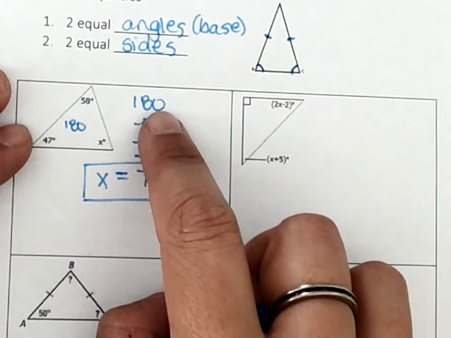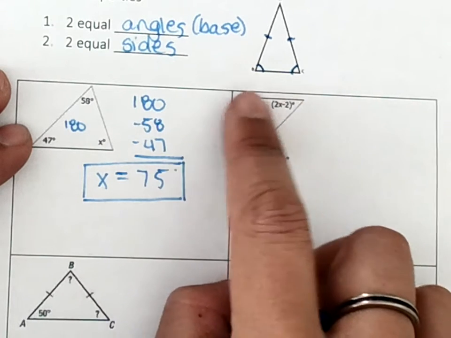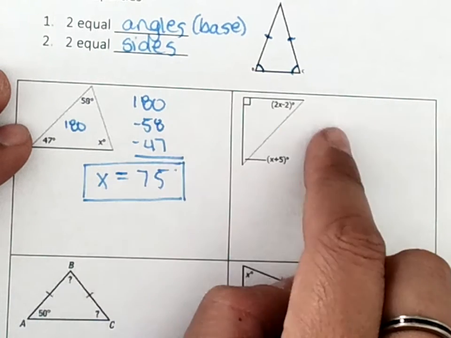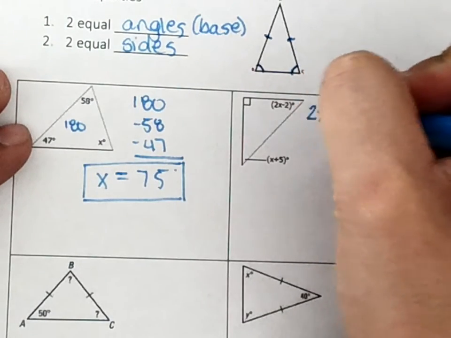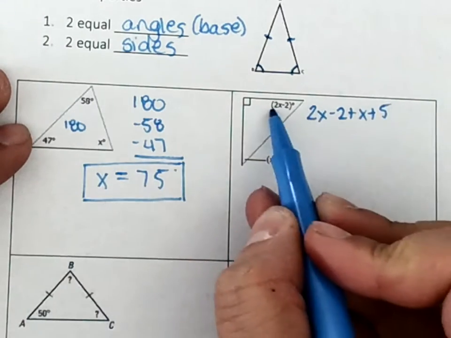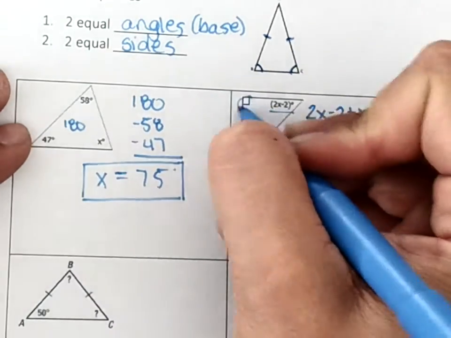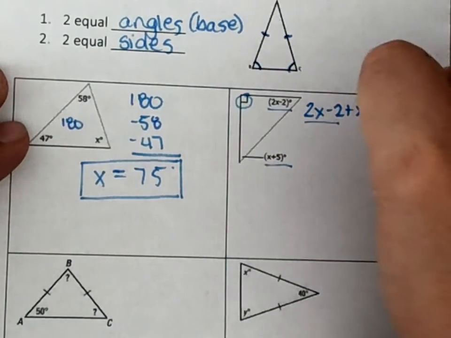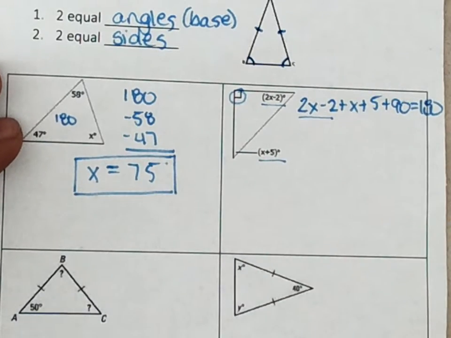So instead of just subtracting from 180, we're going to have to add up our three angles and set them equal to 180. That would look like 2x minus 2 plus x plus 5 plus, we know that that means 90, equals 180. And now we can use inverse operations to solve.